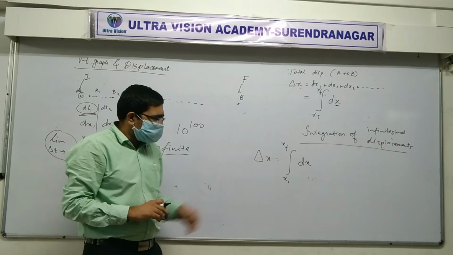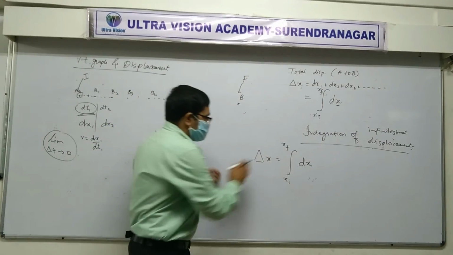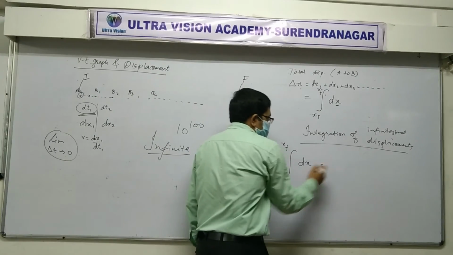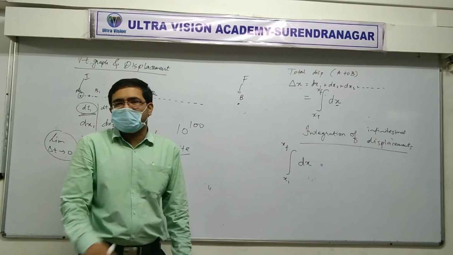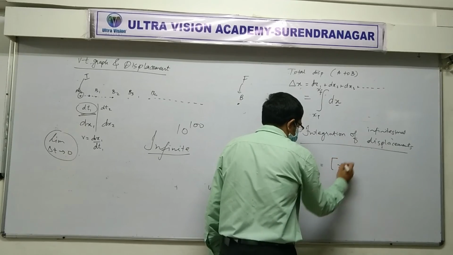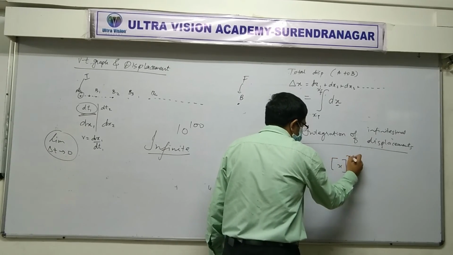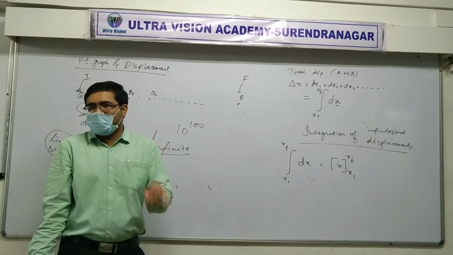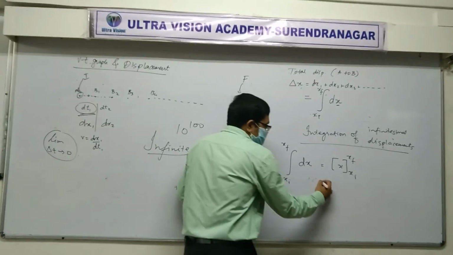Now, can we prove it? Let's see. Have I taught you the rules? What is the integration of dx? Yes. Chalo, put it in square brackets. Yes or no? Yes. So x, with limits xi to x. Now what to do? Put the upper limit.